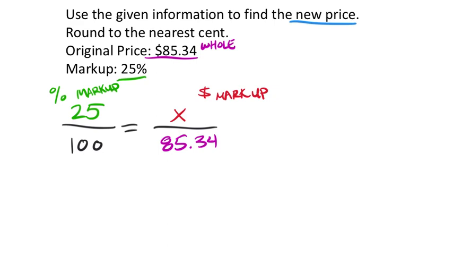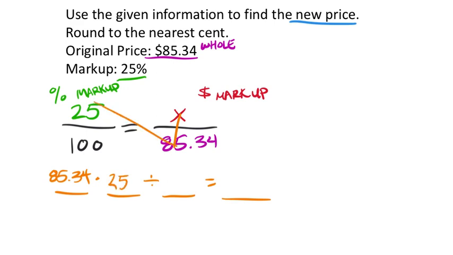So we're ready to solve this then with the fish method. 1, 2, 3, 4 values, multiply, divide, equals. Okay, so I'm going to take the x, go down to the 85.34, cross back up to 25, swing it back down to 100, and where I start, which is always at x, and we'll put this into the calculator.